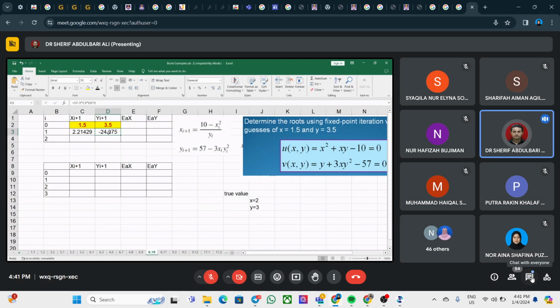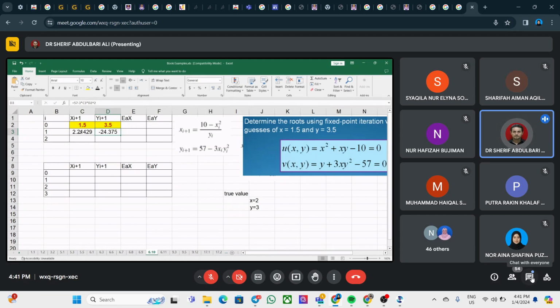Okay, why did this come, and how? Remember, I said we learn from our mistakes. Remember what I said when we were talking about non-linear equations? You need to solve both of the equations at the same time. So now, where I have two equations, x and y, I have to solve both at the same time. What happened here?